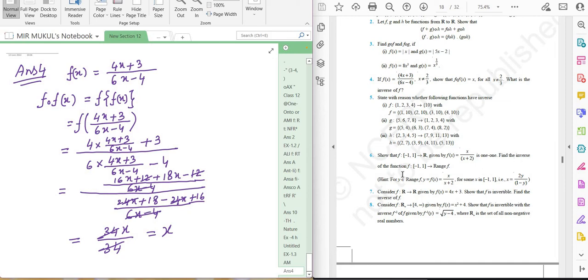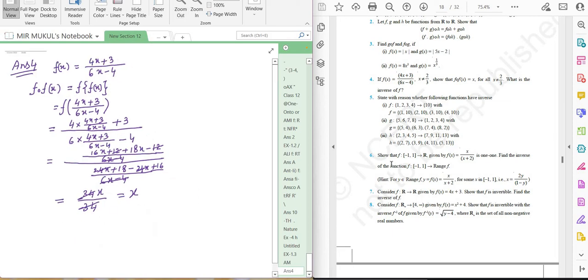Find the inverse of function f. If we get f of f(x) equals x, that means it is the identity function, then f inverse equals f itself, right?